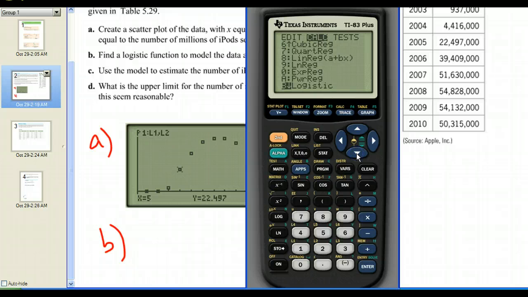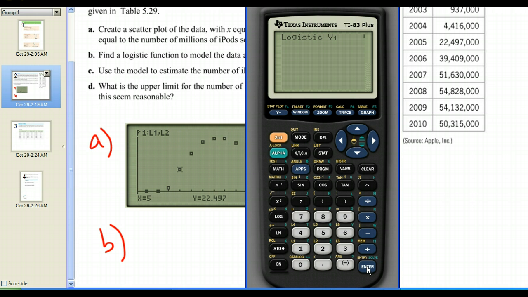Not LN regression, not LIN regression. Logistic regression. So hit logistic. I'm going to press vars, come over to y vars, function, y1, and tell it to store it in my calculator in the graphing menu.